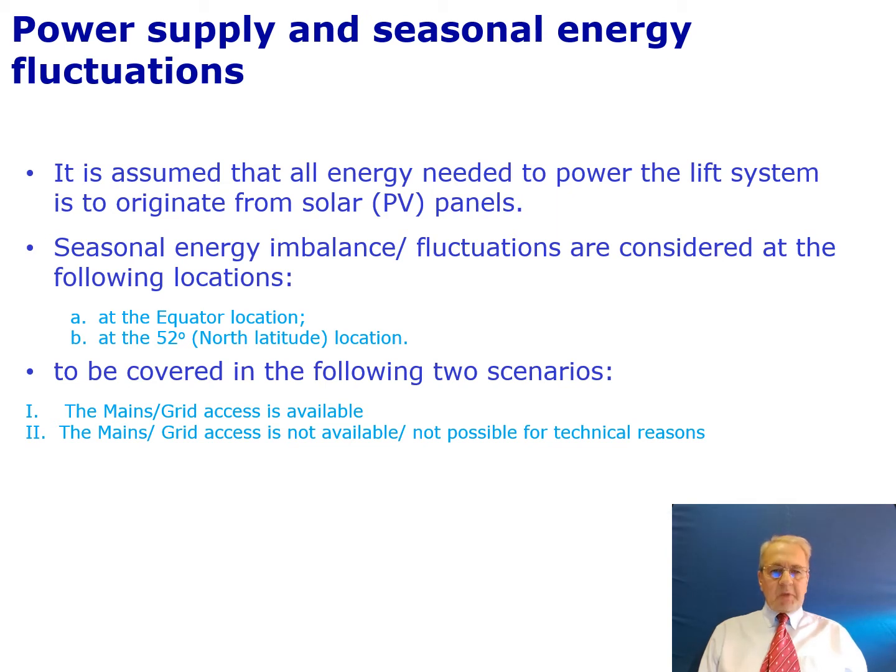And those to be covered in the following two scenarios. The first one, when the mains grid access is available, and the second, the mains grid access is not available or not possible for some technical reasons.